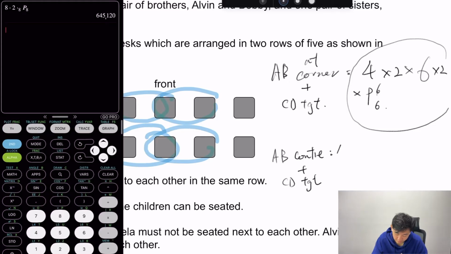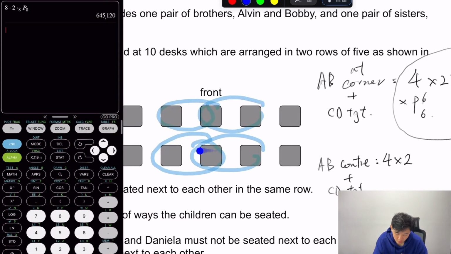So you have the 4 ways, times the 2 arrangements for A, B. That's the 4 here, and the 2 stands for the A, B swap positions, AB or BA. So that's it.